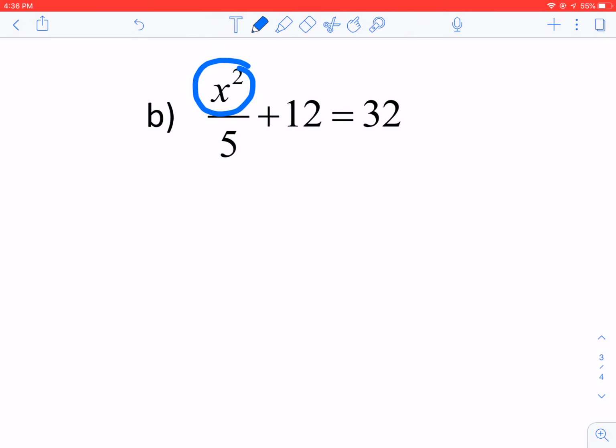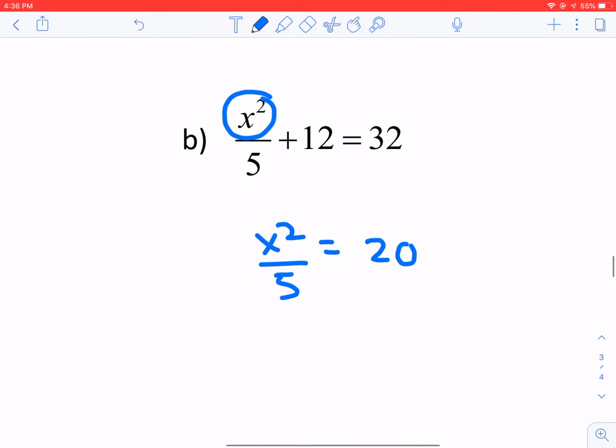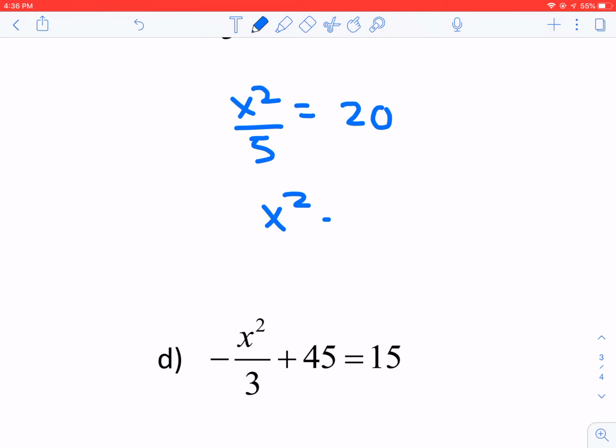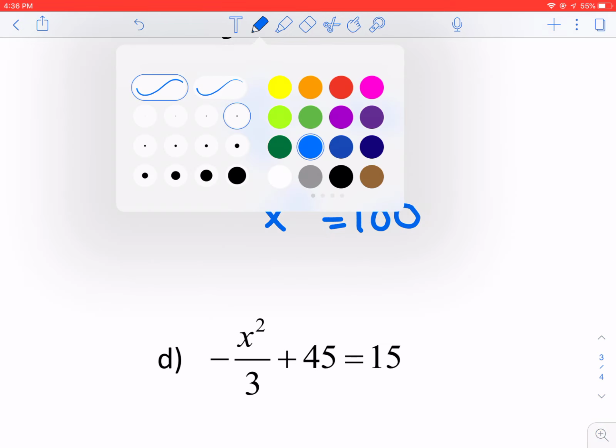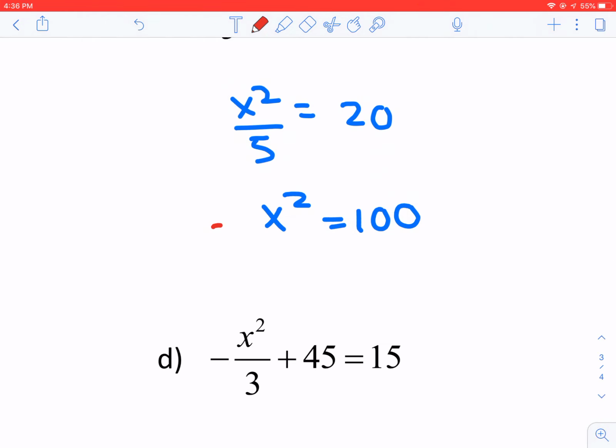All right, letter B, same thing, we're trying to get x squared by itself. So I'm going to minus 12 on both sides first, and get x squared over 5 equals 20. Multiply both sides by 5, x squared equals 100. And then square root both sides.